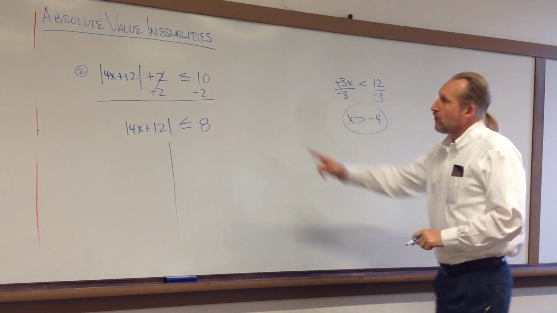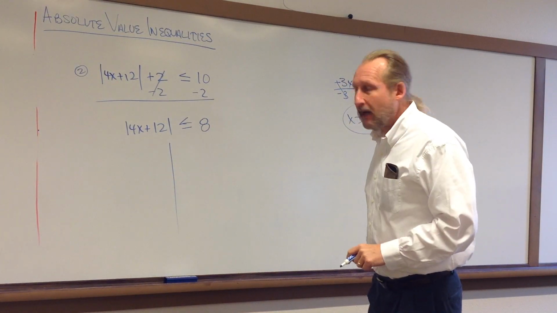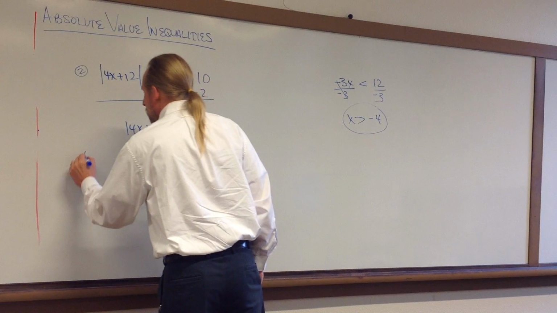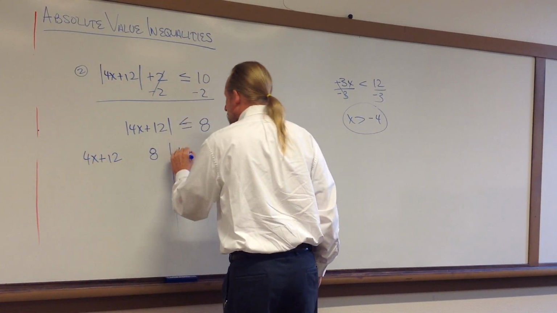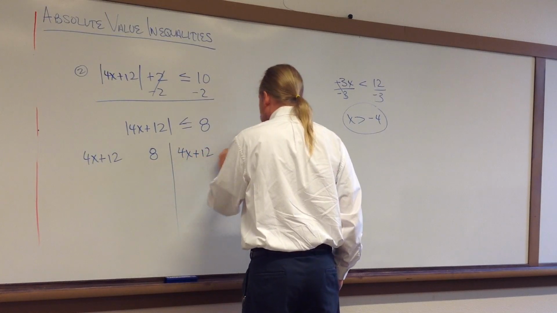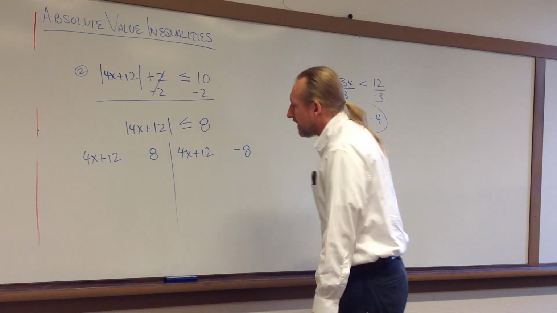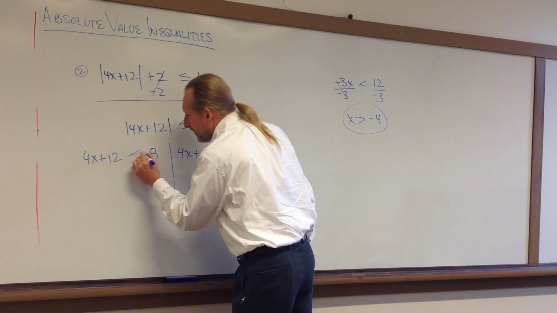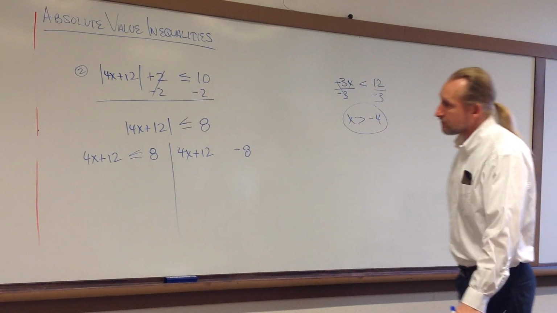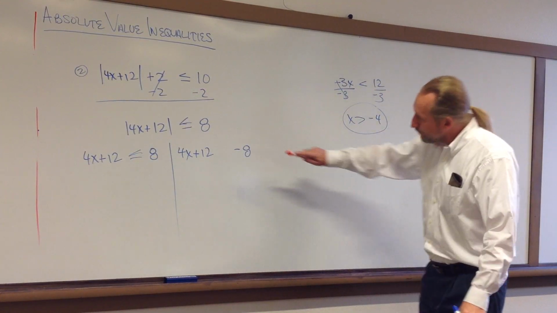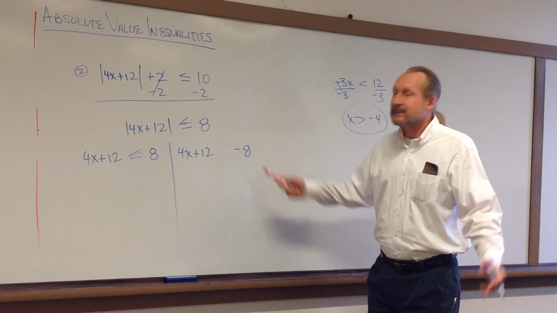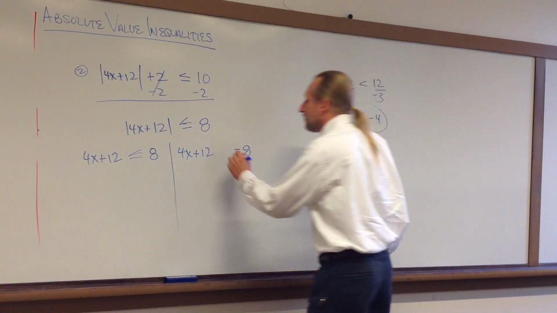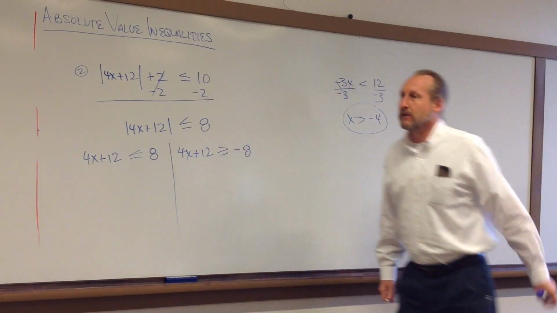So, when we split this absolute value up, and we put 4x plus 12 and the positive 8, and 4x plus 12 and the negative 8, this one will still be less than or equal to. This one, when we make this 8 negative, that flips this around because it's as if we had multiplied by negative 1, and there we go.